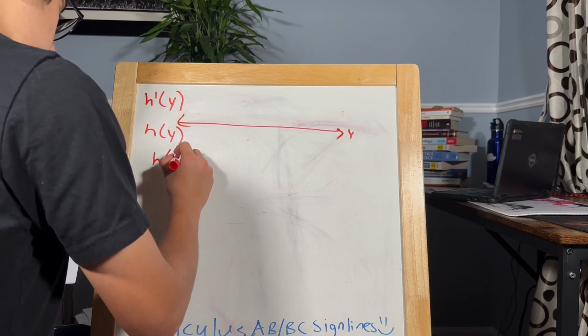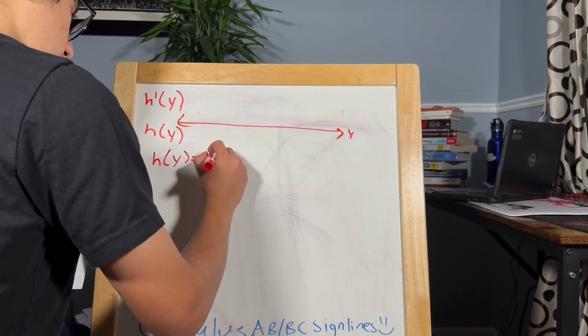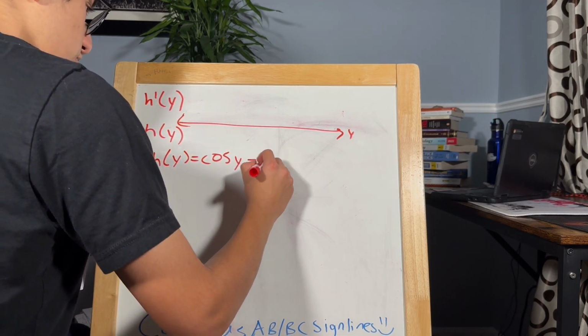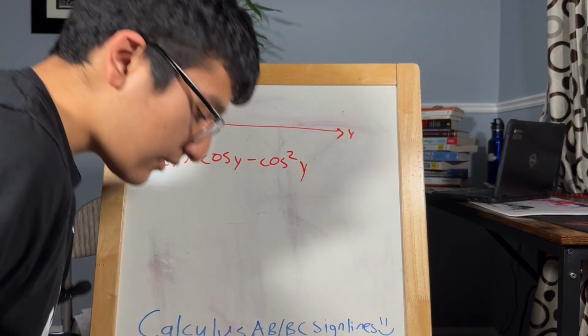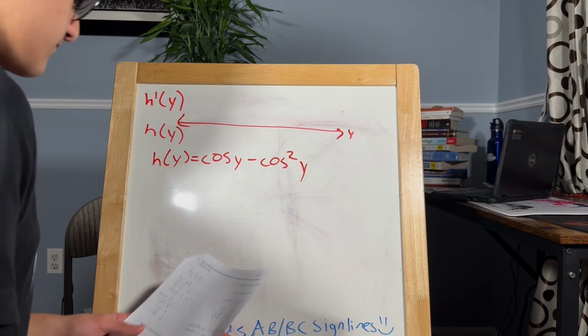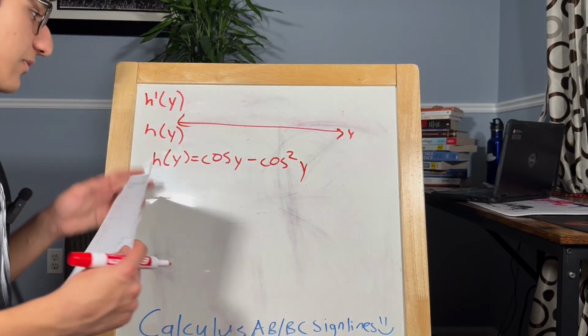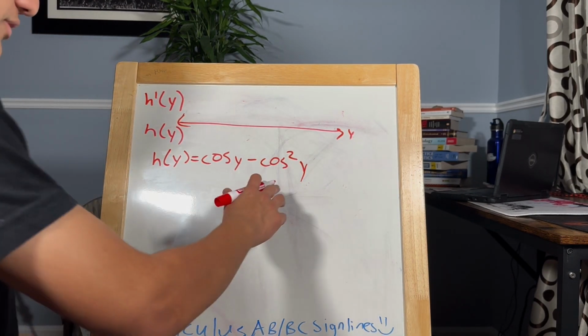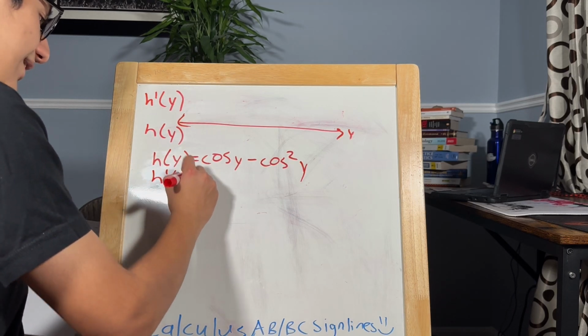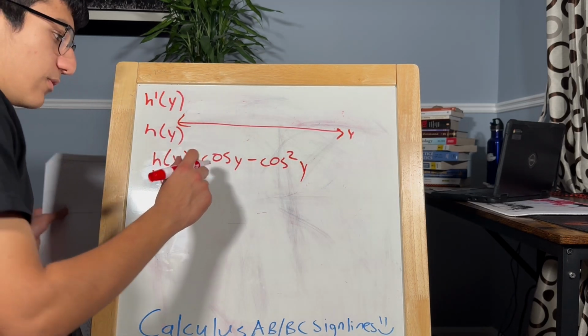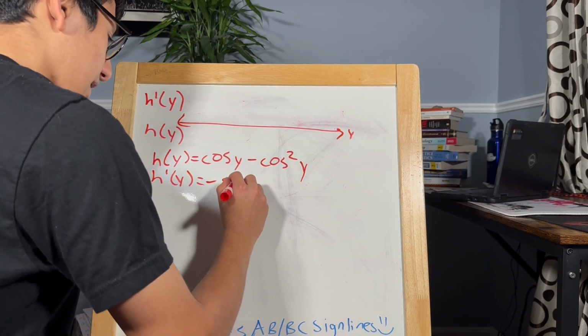H of y is equal to cosine y minus cosine squared y. Right? Okay. Now, this is going to be a little bit of practice of derivatives as well. You can try it out real quick. Pause the video. So we know the derivative of cosine y is negative sine y.